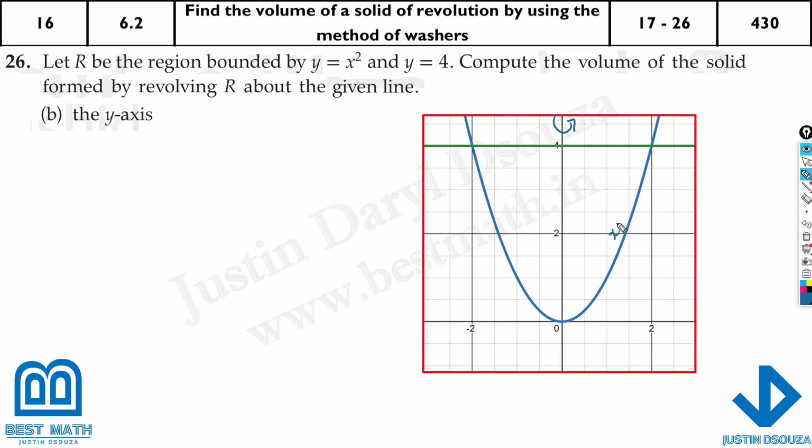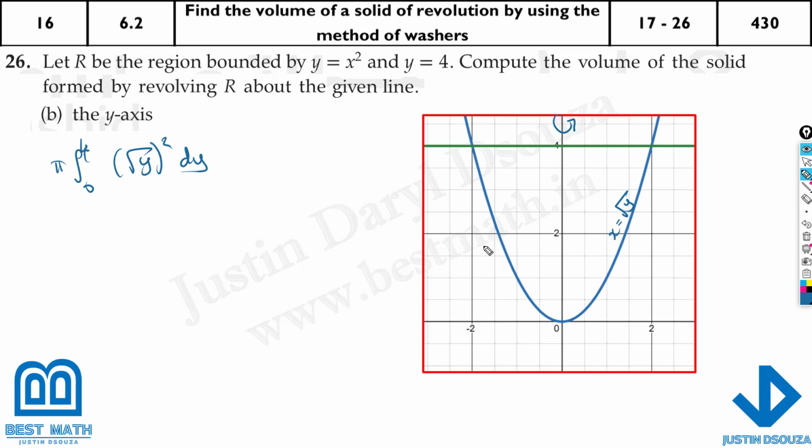We have to write it in terms of y. x is equal to square root y, because you should take square root on both the sides, right? So along the axis, the limits will be 0 to 4, and it's only one term. It will be square root y squared dy. This is it. And pi is there.